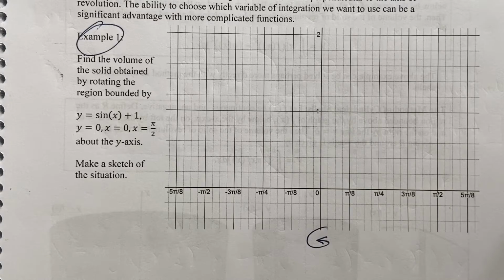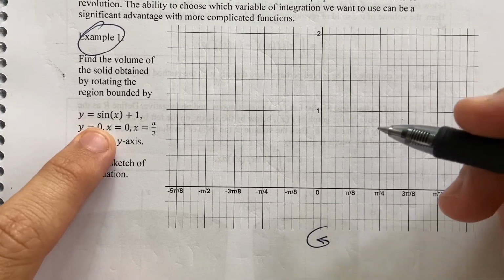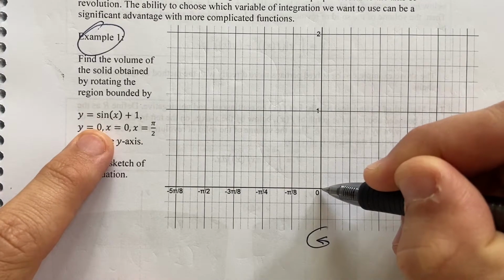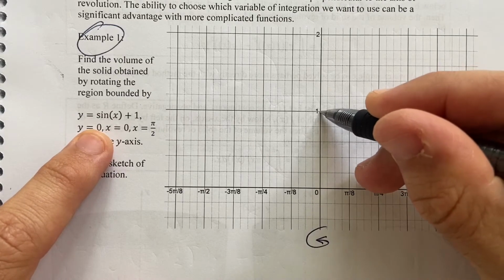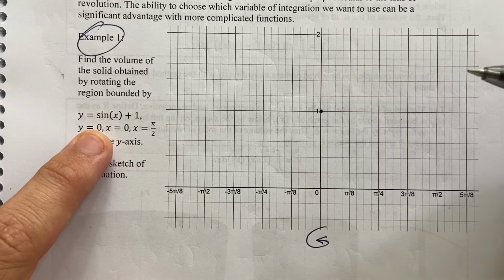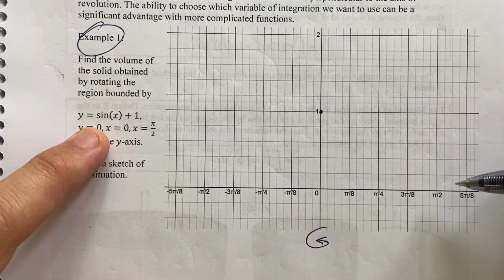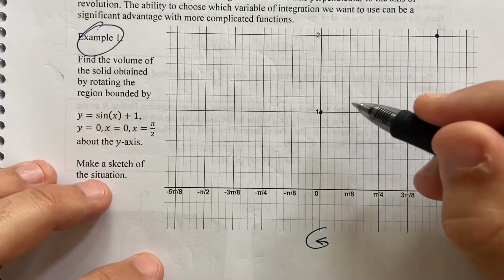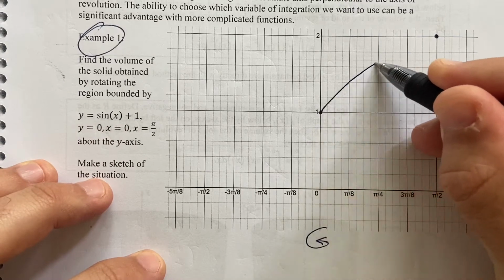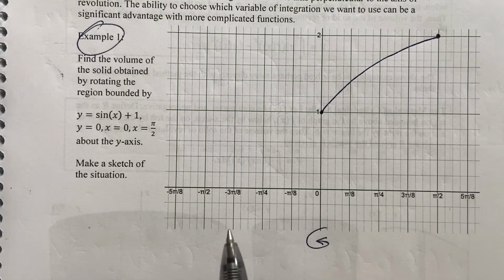So it says make a sketch of the situation. So let's do that part. First off, for y equals sine x plus 1, sine of 0 is 0, but then we add 1, so that'll bring me up here for this piece of the function. Sine of pi over 2 is 1, so 1 plus 1 brings us to 2. So we'll have this piece of the sine curve in this region.